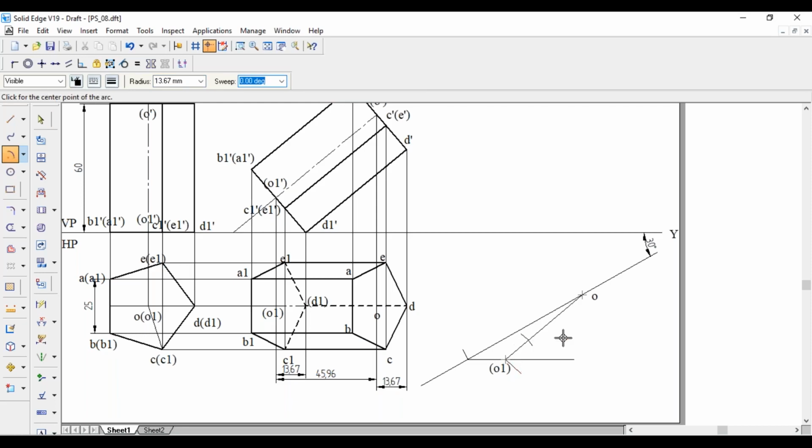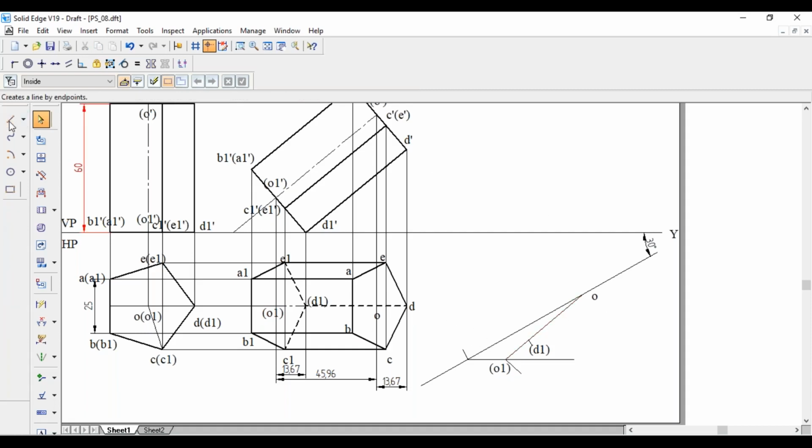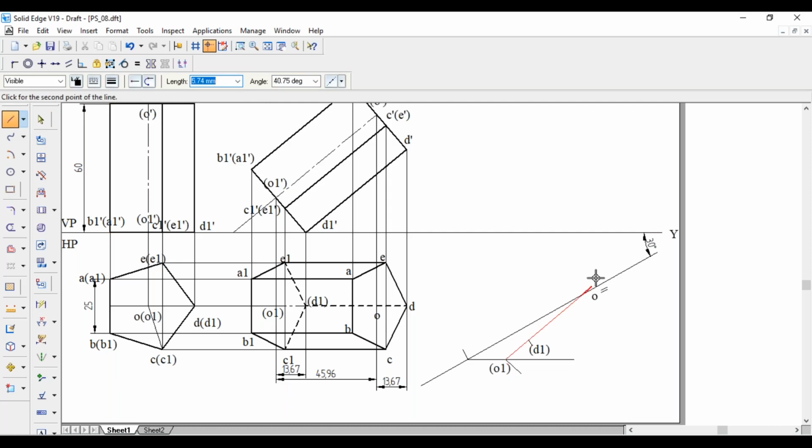Draw an arc. So this is D1. Next, D is the extension of O1 line. Now extend the O1 line for 13.67 mm. This is D.